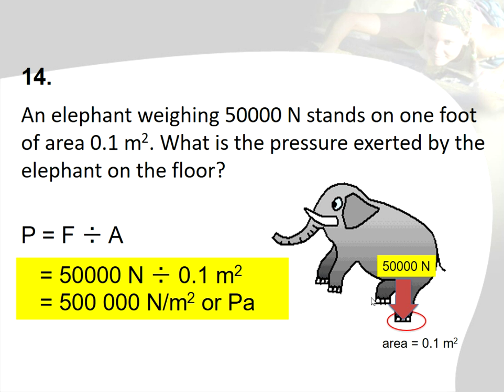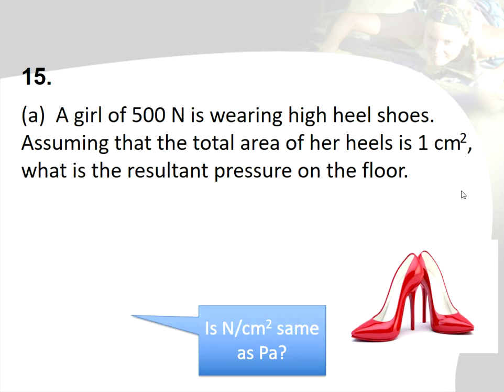In this case, we have a woman of weight 500 newtons. Less or more than the elephant? Less, right? By how many times? The elephant was 50,000 newtons. So 100 times less. Okay? Is it realistic, 100 women equal to 1 elephant?